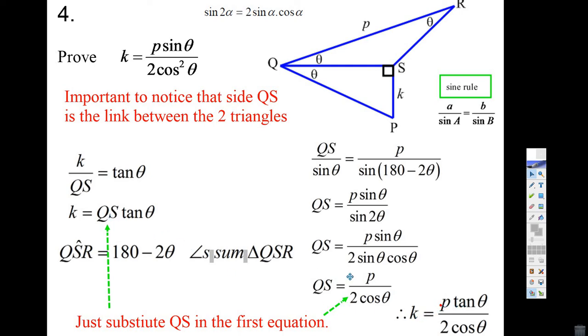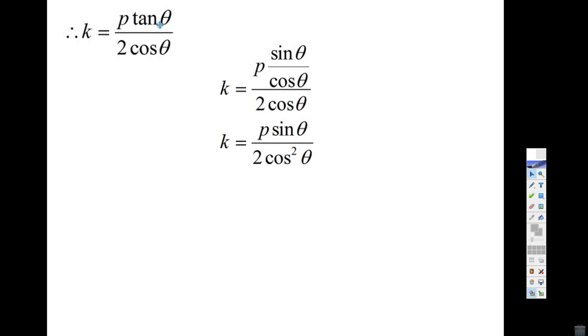We rub out the QS, and we put in P over 2 cos theta, and we get K equals P tangent theta over 2 cos theta. Well, we've got the P over 2. Somehow tangent over cos equals sine over cos squared. Let's see why it does. Well, tangent, we know from grade 11, we can replace with sine over cosine. Now you've got sine theta over cosine theta, but on the bottom, there's really cosine theta over 1.